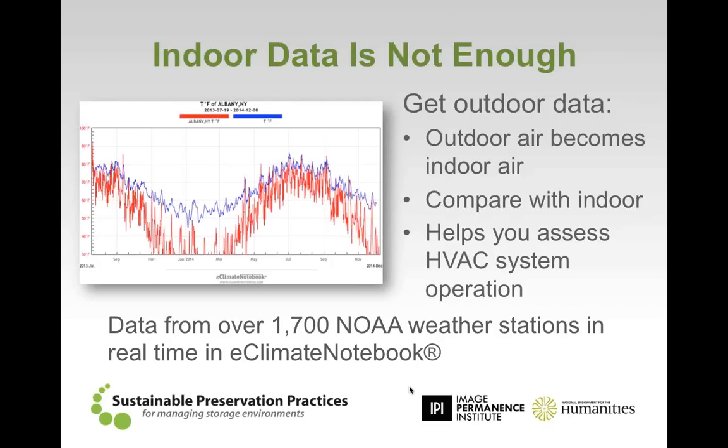When we get to the graphs, if you know you have humidification and you see it's not coming up compared to outside air, you'd know that it's not working, or that it's not dehumidifying. And those of you who use eClimate Notebook would know there are 1,700 NOAA weather stations, and they're usually the nearest airport.